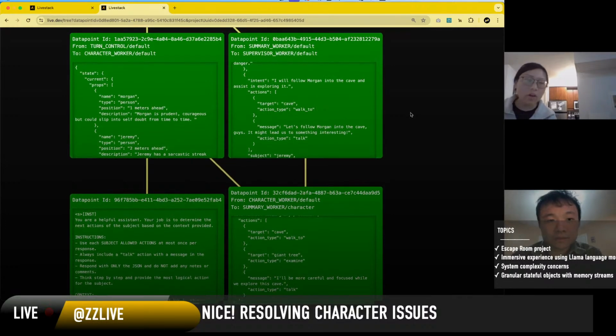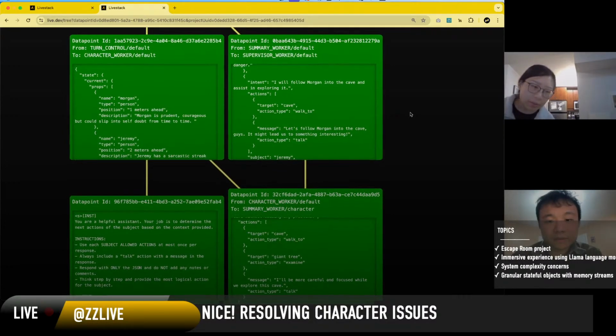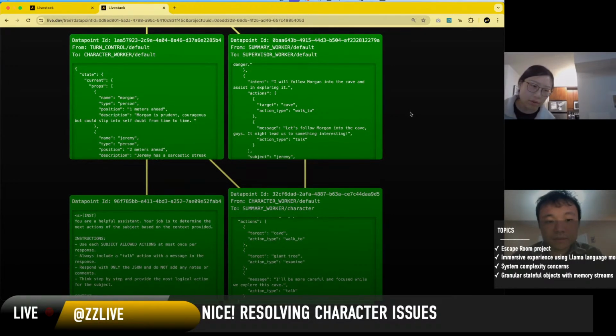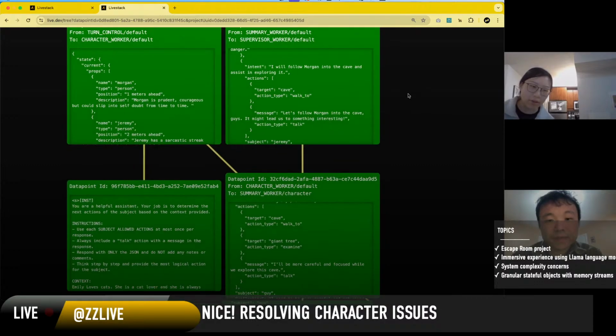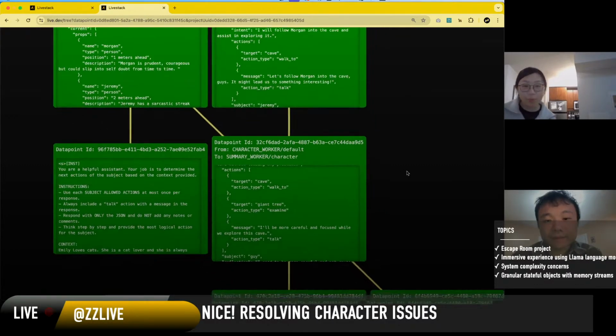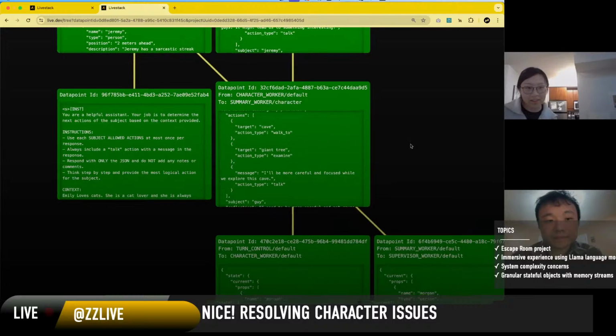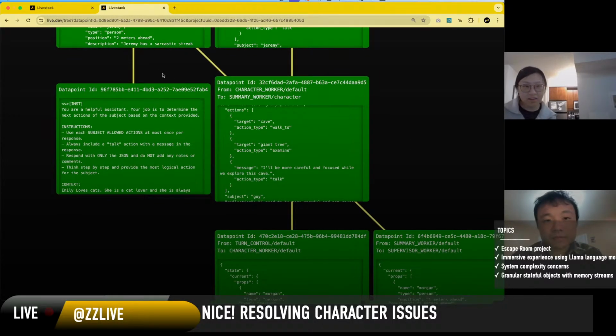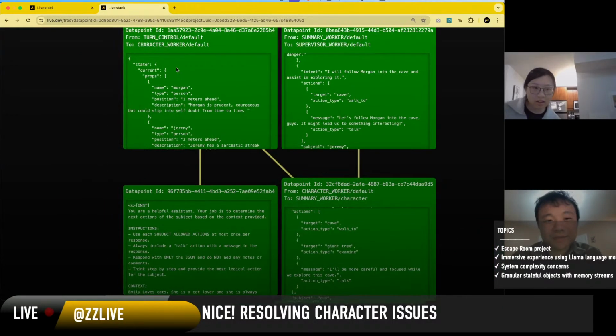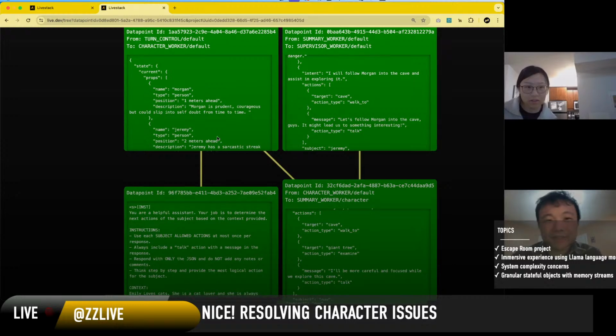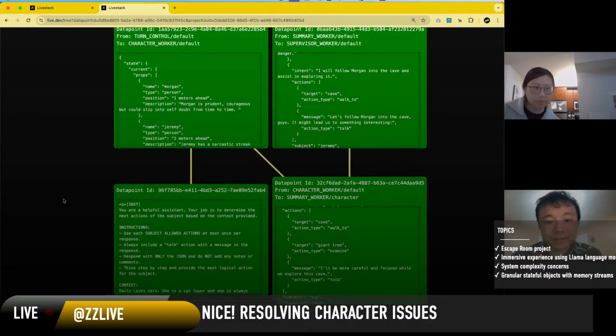We return the standalone data point ID on the left, that's returning the prompt. So we can visualize the prompt. Ooh, nice. This is the output from what is supposedly the character worker node, but it's kind of weird. Yeah. Like default, and then it spits out these two things.